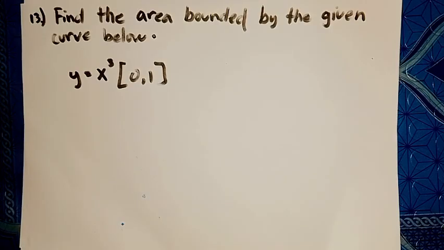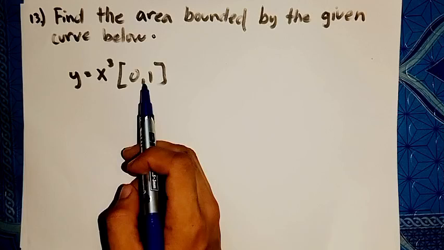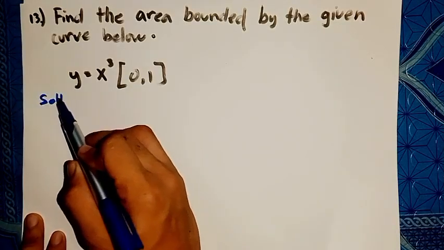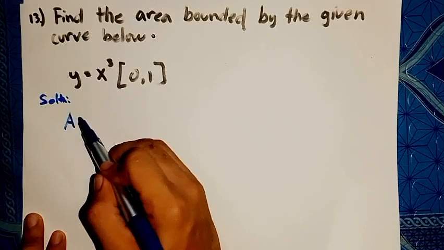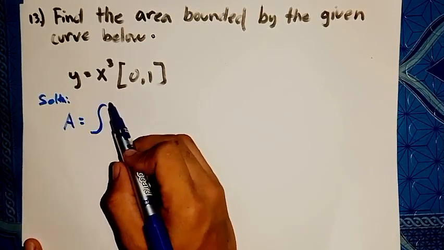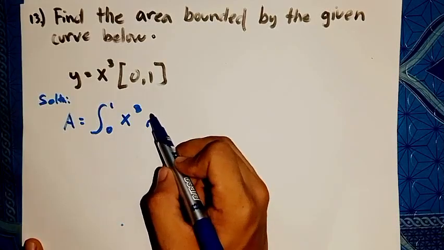Now, let's proceed to the last item. Find the area bounded by the given curve below. We have y is equal to x cubed with the interval 0 to 1. So to find the area, it is equal to the integral from 0 to 1 of x cubed dx.